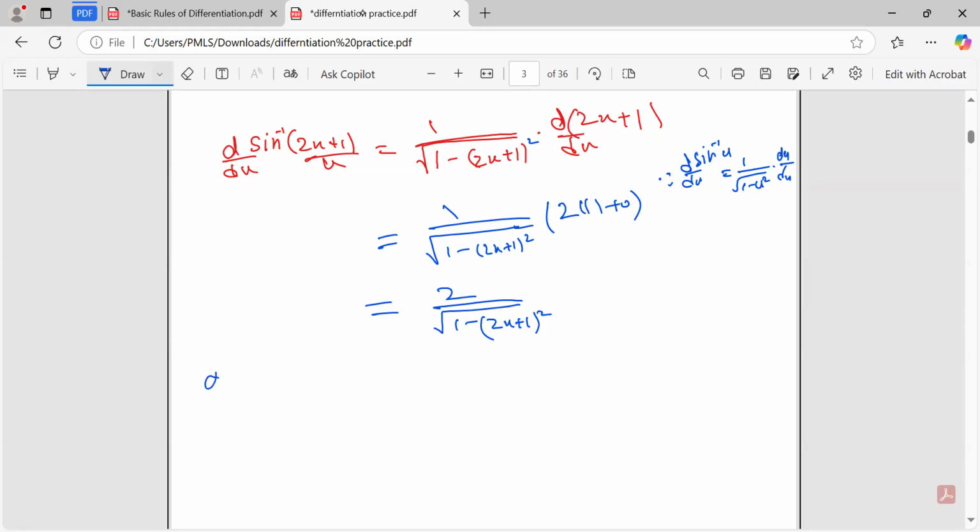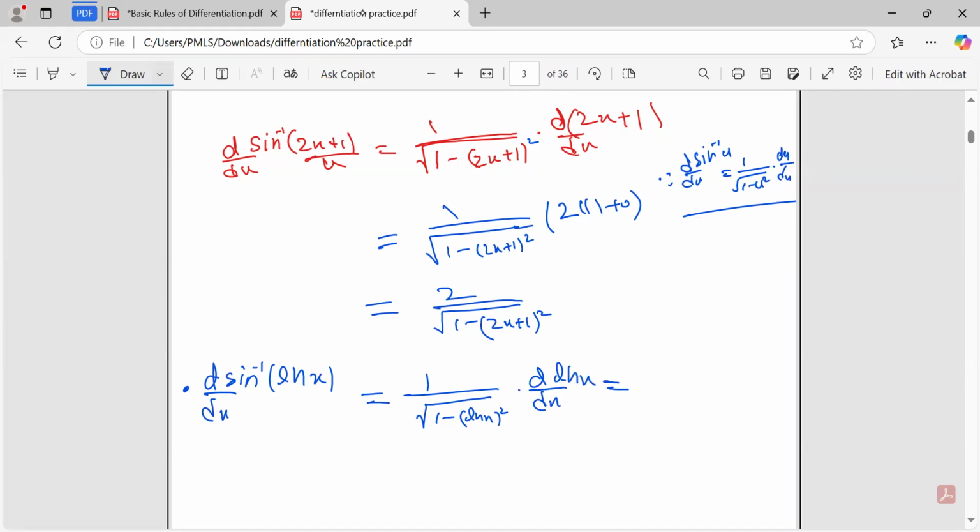In the same way, for any inverse trigonometric function, let's say sine inverse, and here you have something, let's say inside a logarithmic function, ln of x. So what will be the answer in this case? Same. First we apply this rule: 1 over square root of 1 minus u squared, here u is ln of x, and take the derivative of ln of x.